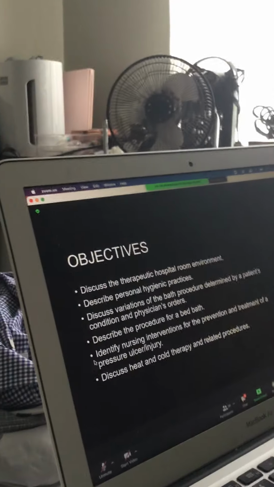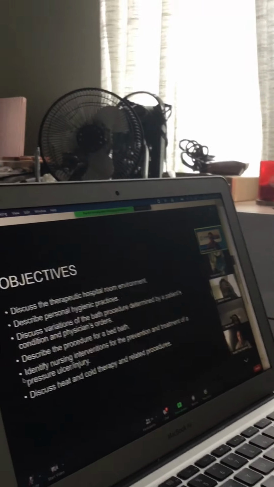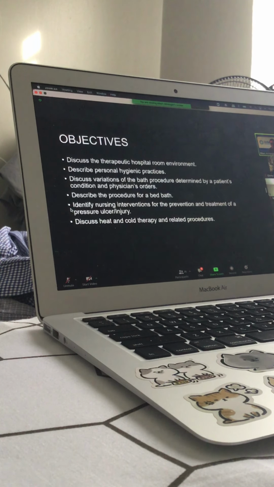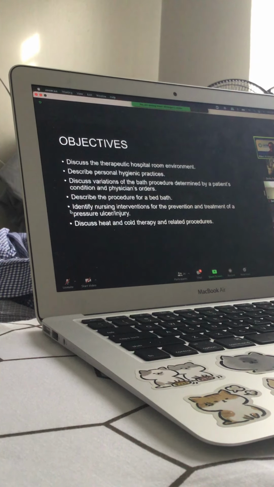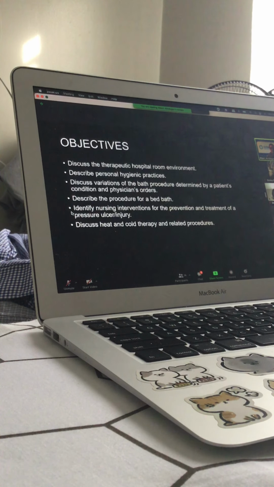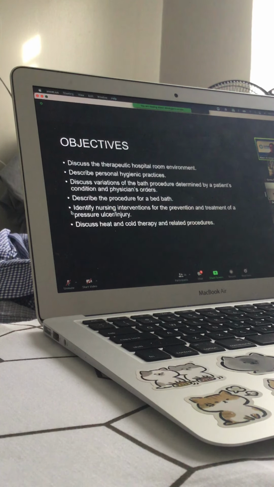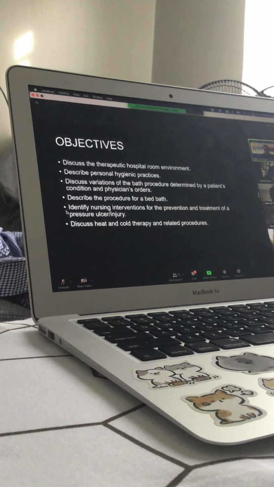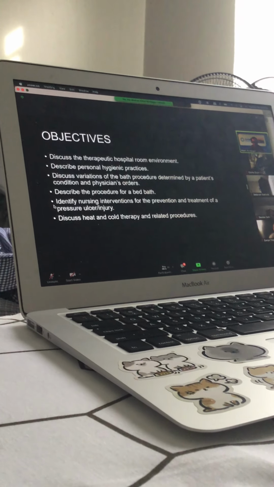Can we minimize the occurrence of a pressure-related injury if we follow repositioning the patient every 2 hours? Those are just simple things. Can we teach the patient how to properly perform deep breathing exercises and coughing exercises? Would this help them with their condition as well? That's where we come in as nurses. That's the focus of our learning.